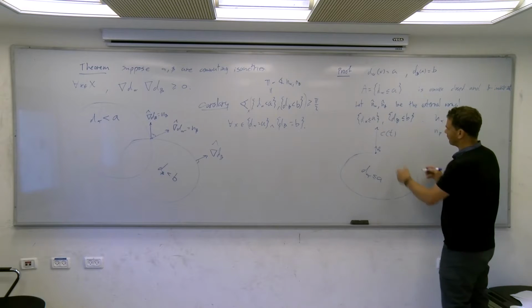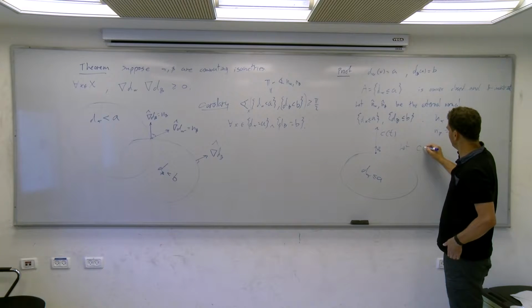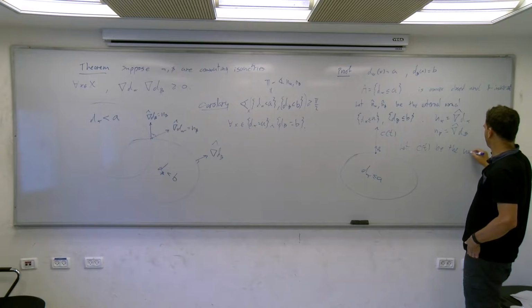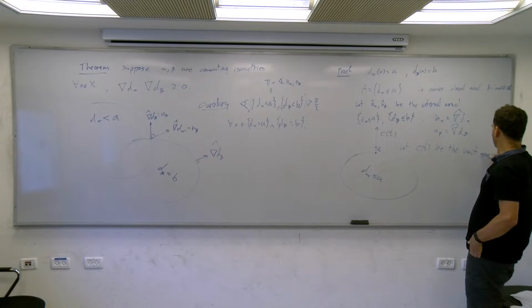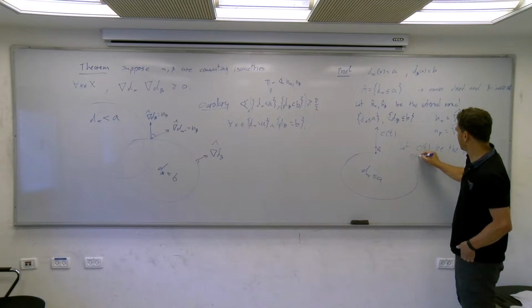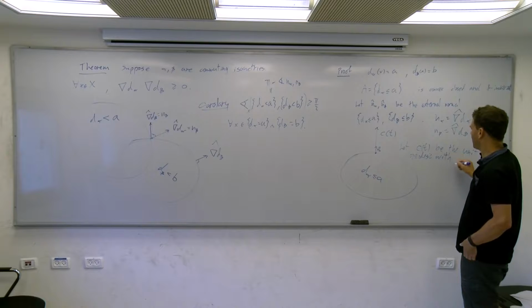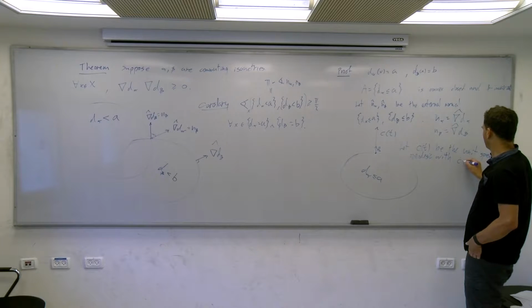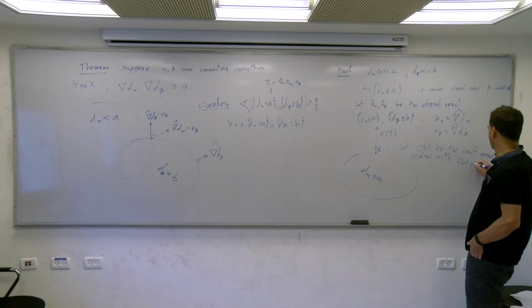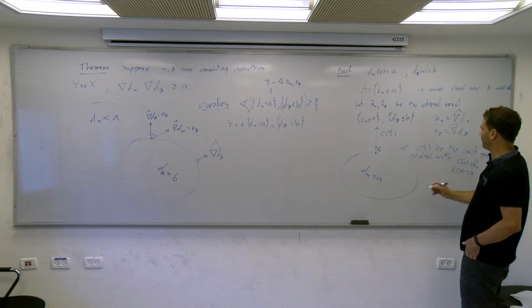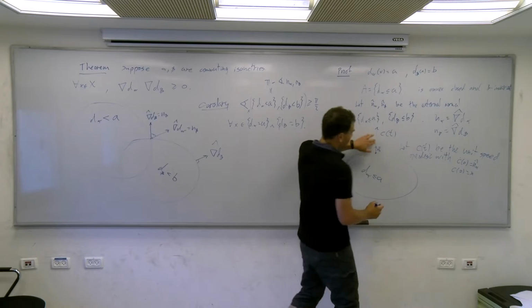Let c of t be the unit speed geodesic with c(0) equal to x and c dot at 0 equal to n_alpha.